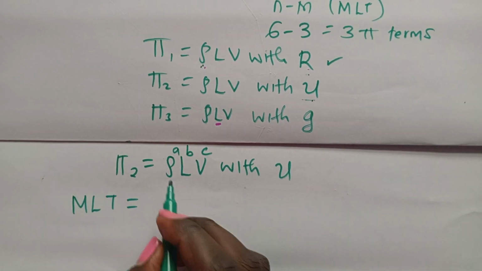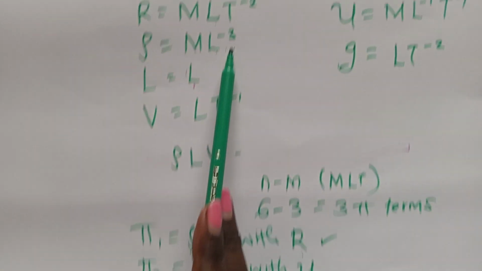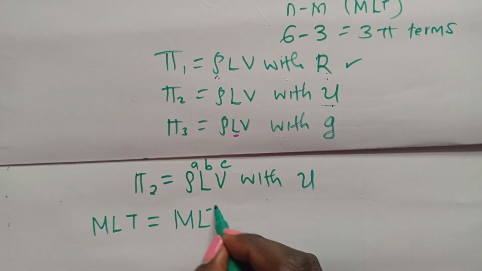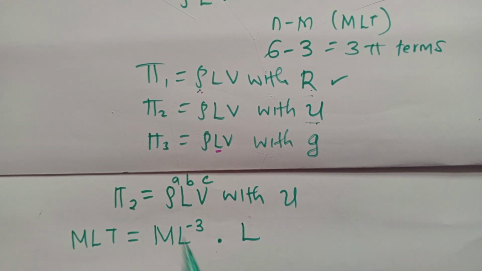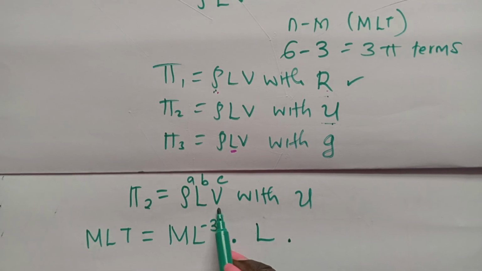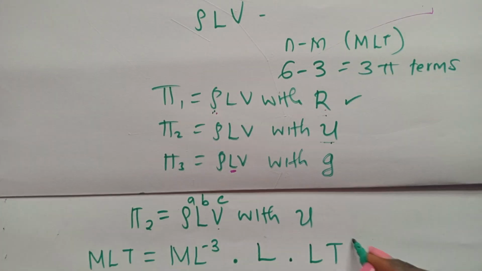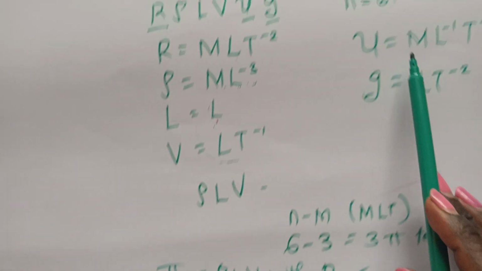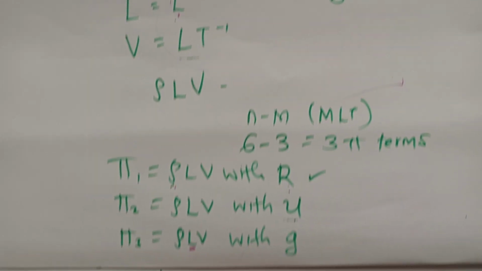MLT is now equal to, we know our rho from here, ML negative 3, so I'm going to write ML negative 3 raised to A. L is L, like we had initially. Next one is V, velocity. This is our V dimension, so L T negative 1, with mu, which is M L negative 1 T negative 1.